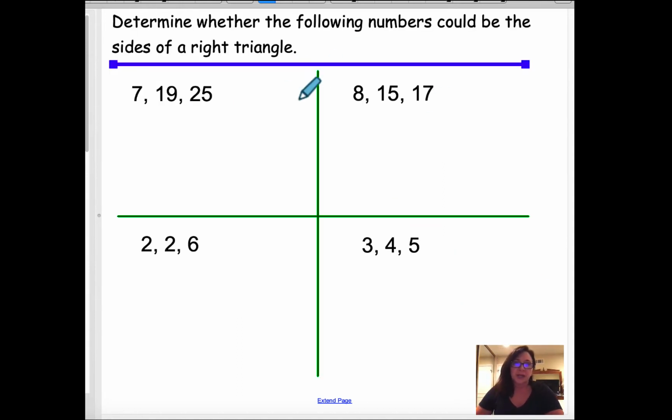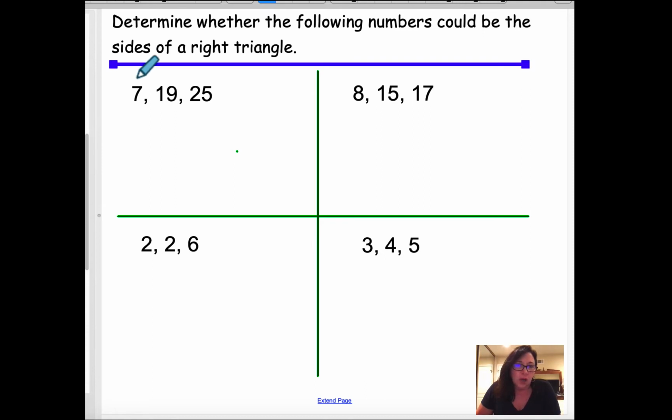For this question here, they want to know if the numbers for the sides of my triangle would actually be a triangle. Could this possibly be a triangle? Well, the rule is that the sum of two sides of a triangle has to be greater than the third side. And it could be any two sides, right?